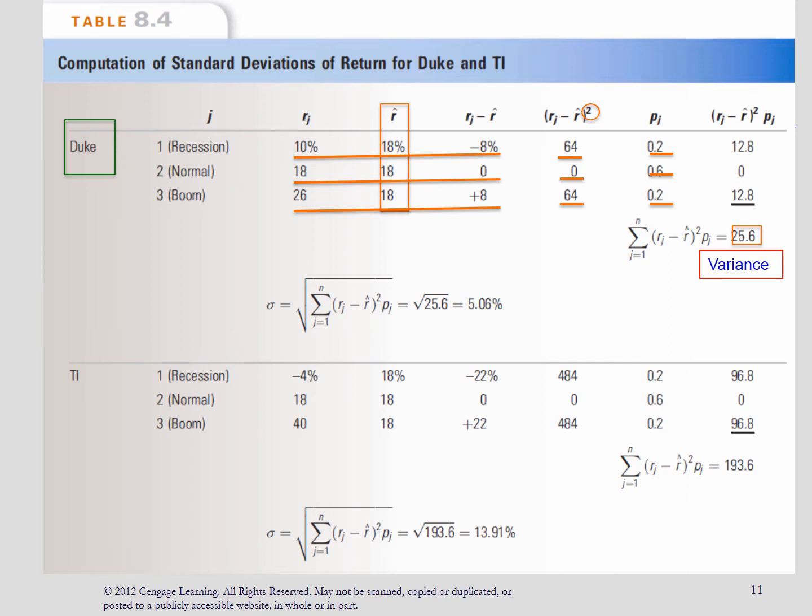This number is termed variance. We then take the square root of the variance to obtain the standard deviation.